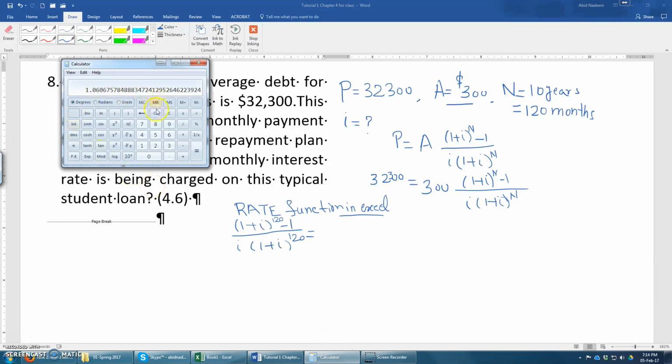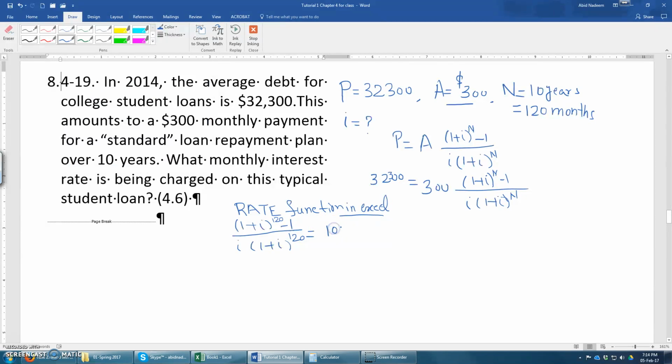So 32,300 divided by 300 is equal to 107.67, approximate value. In this trial and error method, you will assume some value of i and calculate this expression.